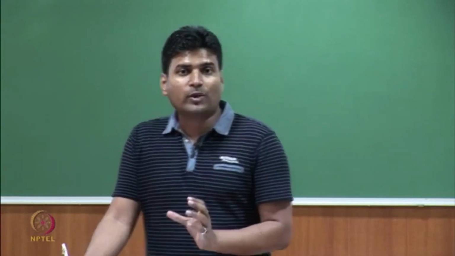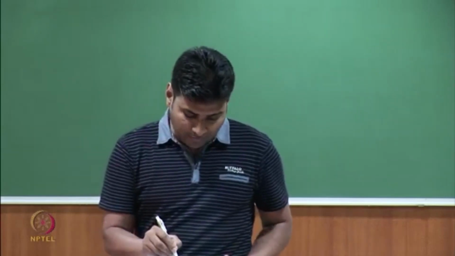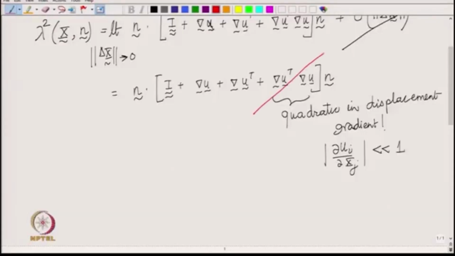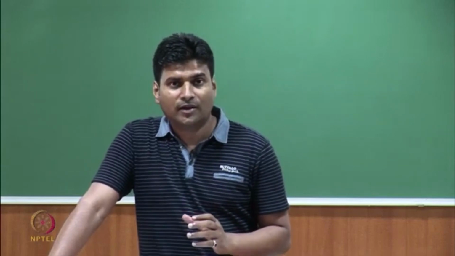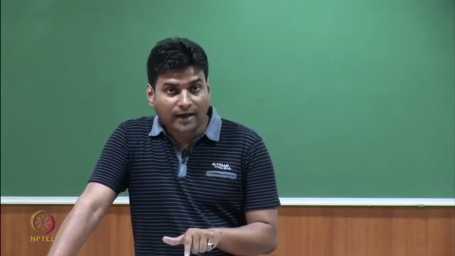So, for this course we are going to drop this quadratic term. So, we will drop it. So, it is insignificant compared to grad u. See, we are saying that grad u is supposed to be very small in this course, but you also have, you see, identity here.